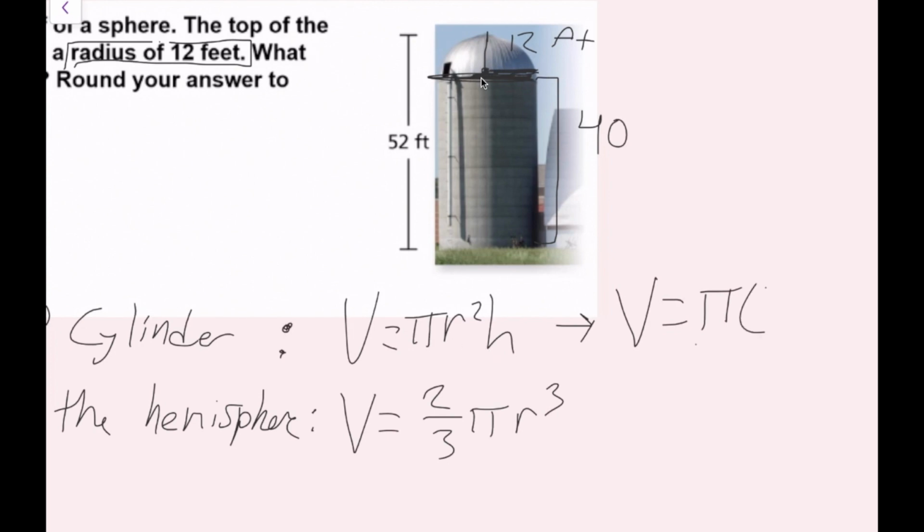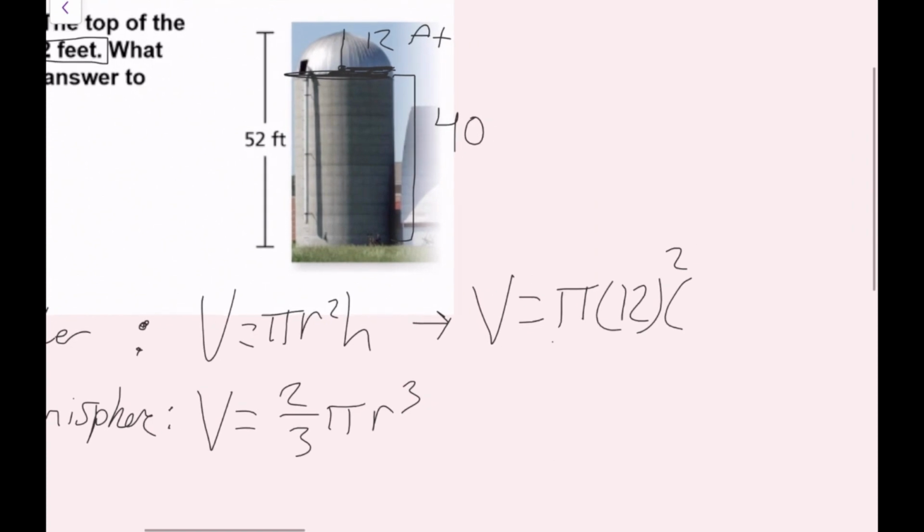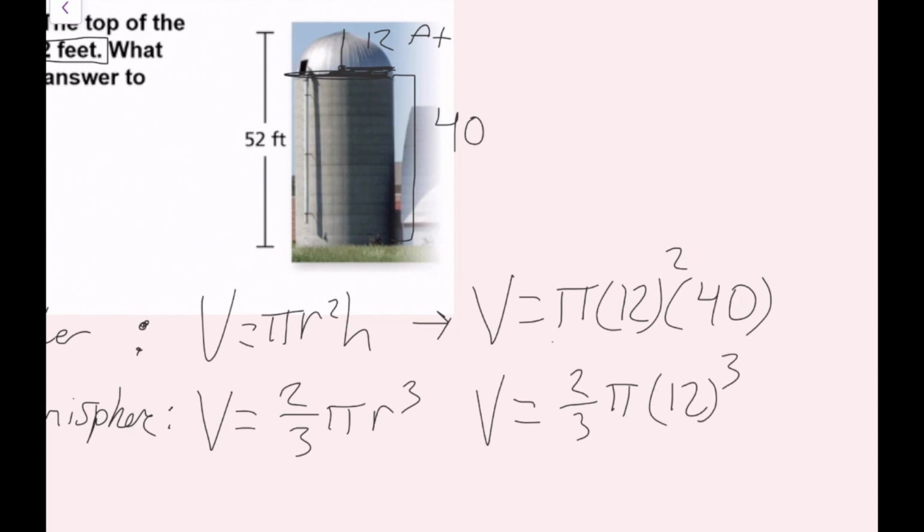So it's going to be 12 squared times 40. And then for the hemisphere, we do volume equals 2/3 pi times the radius, which is 12, cubed.